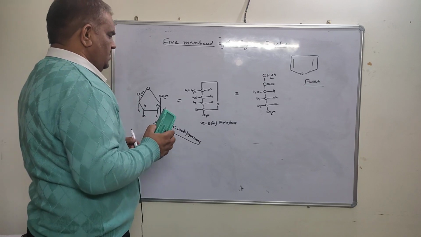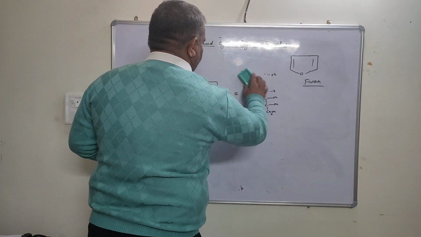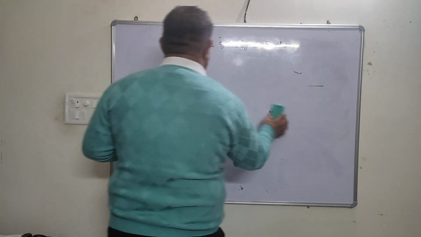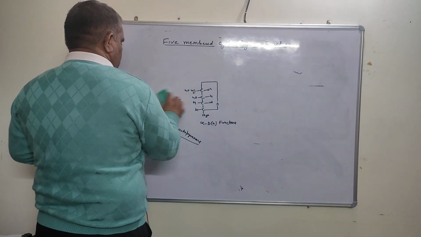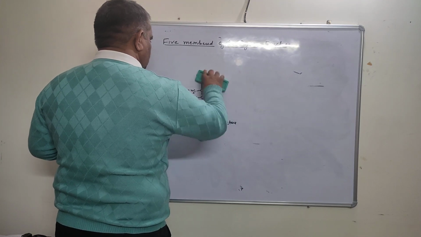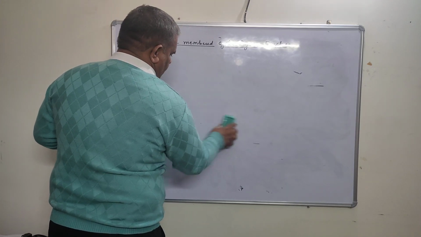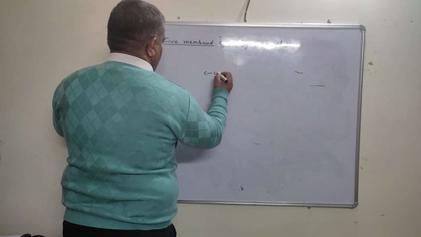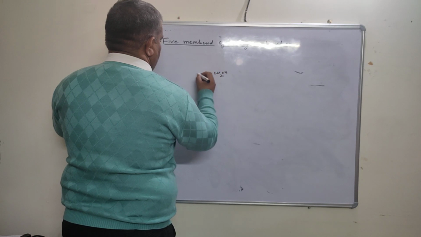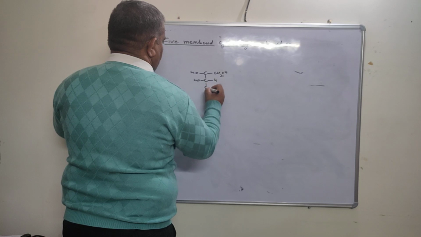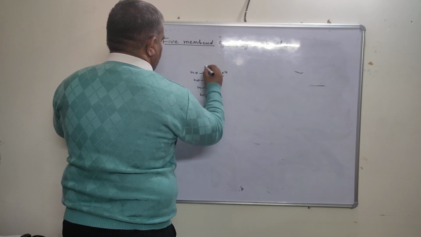Next is the beta D fructose. This is the beta D fructose: OH, H, OH, this carbon OH, H, this carbon, the oxygen.